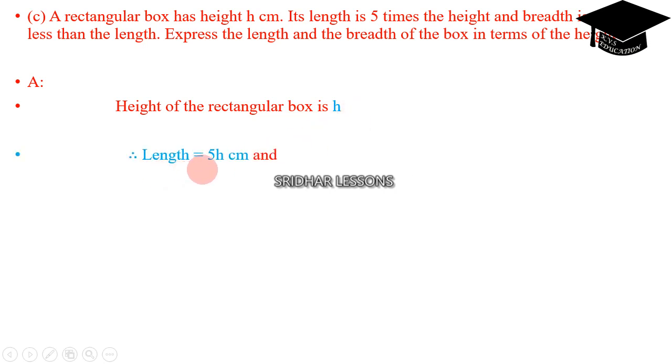Therefore, the length is equal to 5h centimeters because it is 5 times. And the breadth is 10 centimeters less than the length, 5h minus 10 centimeters. Because the length is 5h centimeters, it is 10 less. That means 5h minus 10 centimeters.